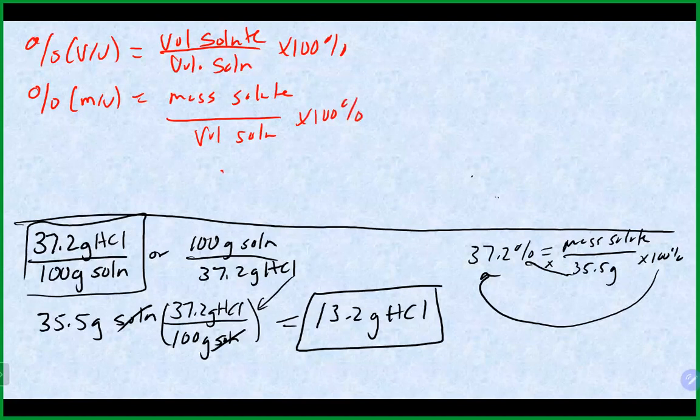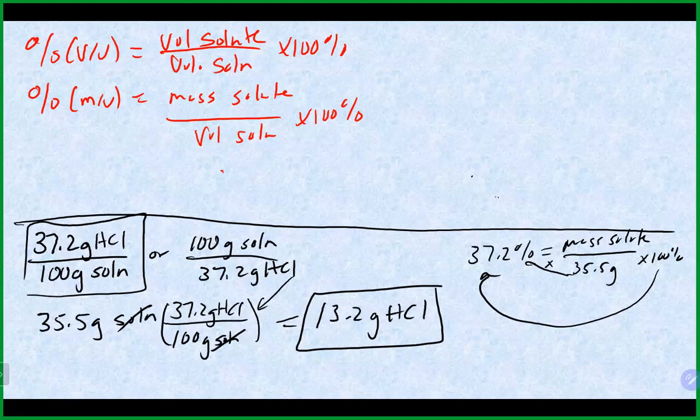If you multiply it by 100, it's basically kind of the same idea. So percent mass to mass, percent volume to volume, and percent mass to volume are three common percent concentrations that are used. Really only the mass to mass is the one you have to worry about, that bottom number with the mass of the solution. The other ones where you have the volume of solution is usually given to you, so you don't have to worry too much about that.